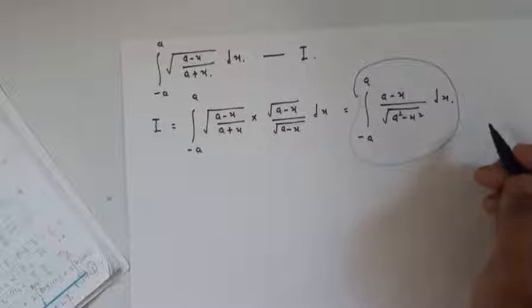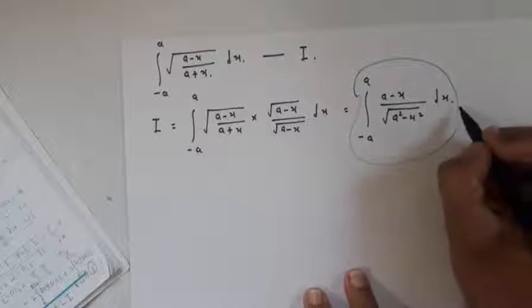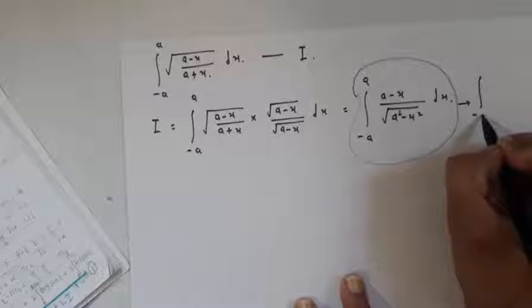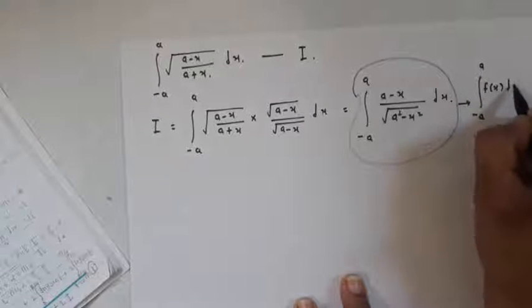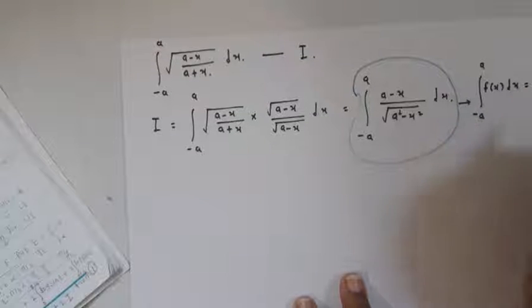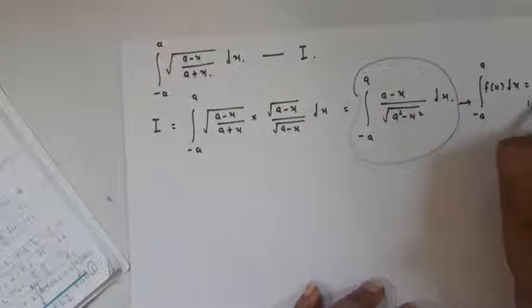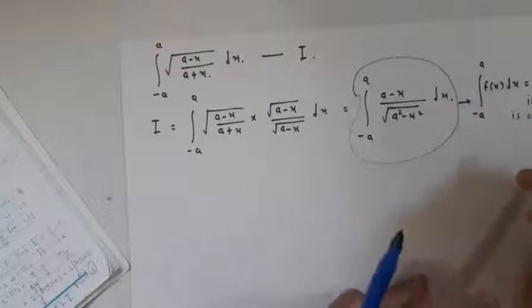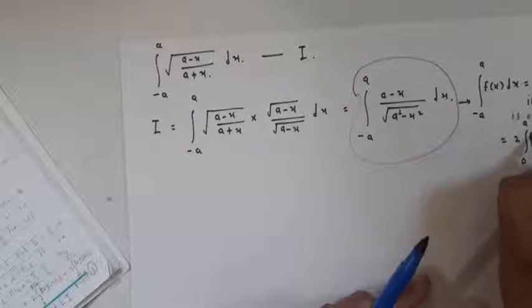By using the properties of definite integration, the last property: integration of minus a to a f of x dx equals 0 if the function is odd, and this is equal to 2 into integration 0 to a f of x dx if the function is even.